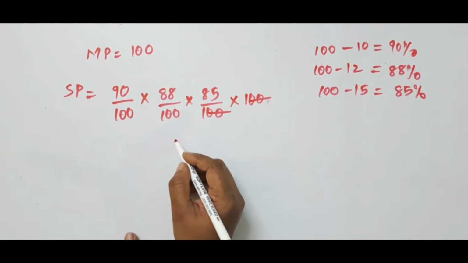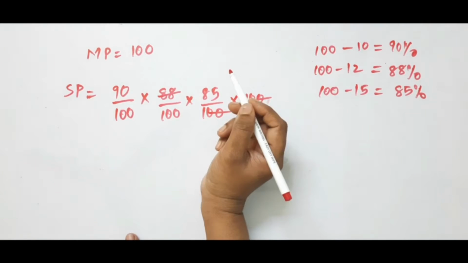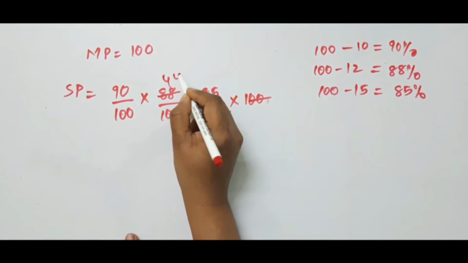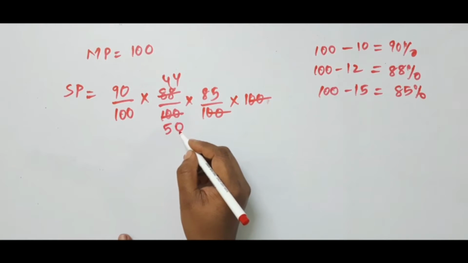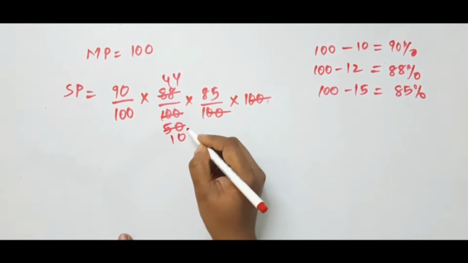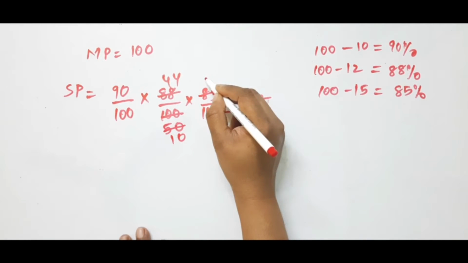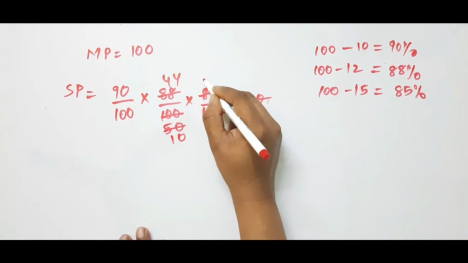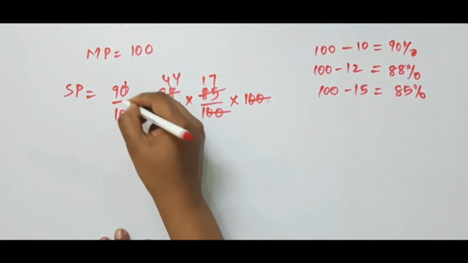The zeros cancel. Now this becomes 2 44s and it is 50s. Now this is 50 tens, and this is 5 tens. 5 ones and it is 35, so it is 17. The zeros cancel here.